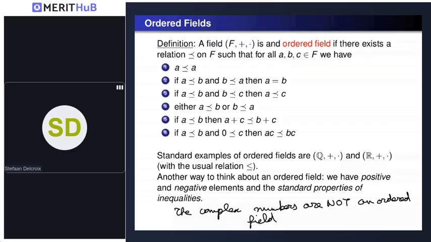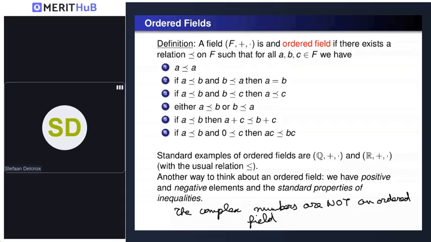The real numbers, you can have meaningful inequalities. You cannot have meaningful inequalities over the complex numbers. The complex numbers are not ordered. You can't talk about positive complex numbers and negative complex numbers. It doesn't make sense. Okay, so that's in a nutshell what we're heading for the last 30 minutes.